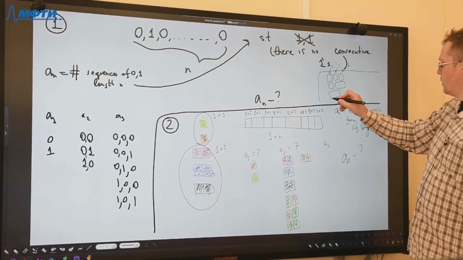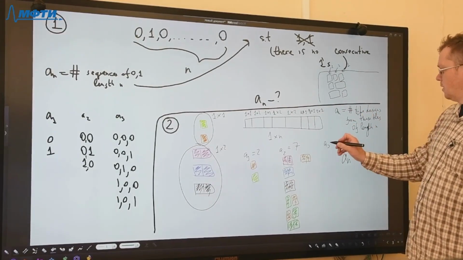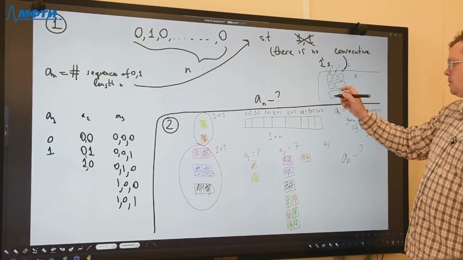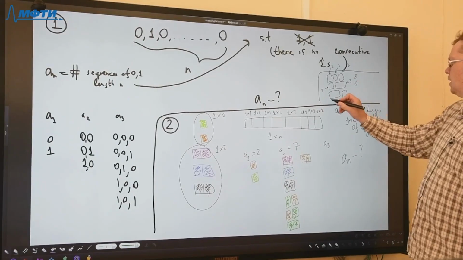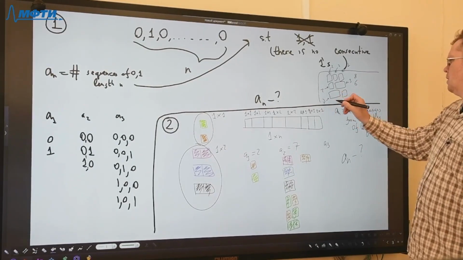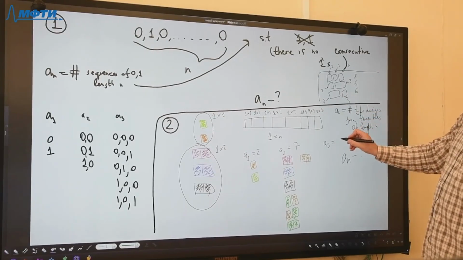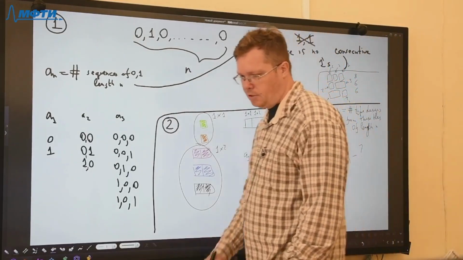Or I have 1 of length 2 and 1 of length 1. So for A3, we have 8 possible variations here. This will be 2 times 3, 6 possible variations. And this also will be 6 possible variations. So in total it will be 20. I think this is correct, but maybe you need to check it.